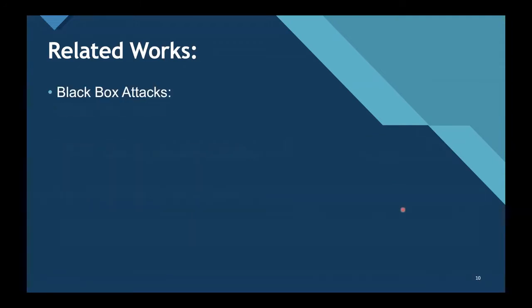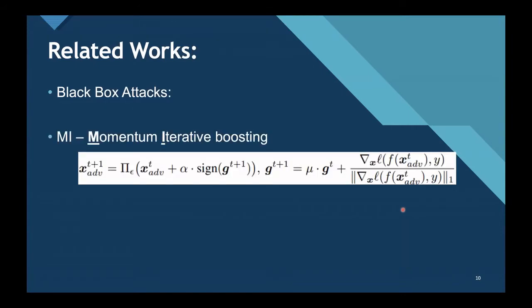As black box attacks, we keep in mind they have a source model. They are crafting adversarial examples on source models that have a skip connection, and they are targeting attacks to several different models. So they use the momentum iterative method to compare. We have already seen this as well.